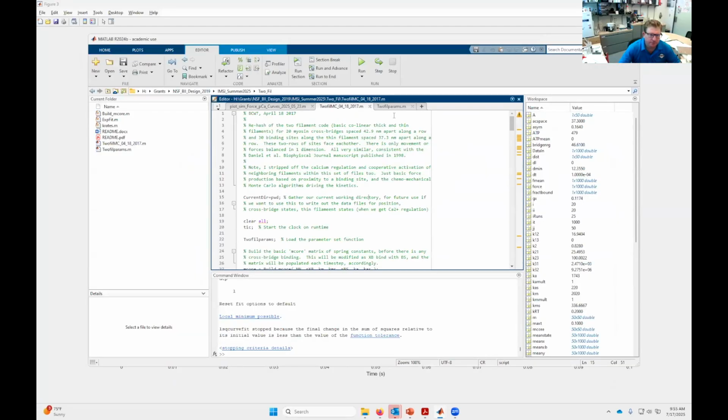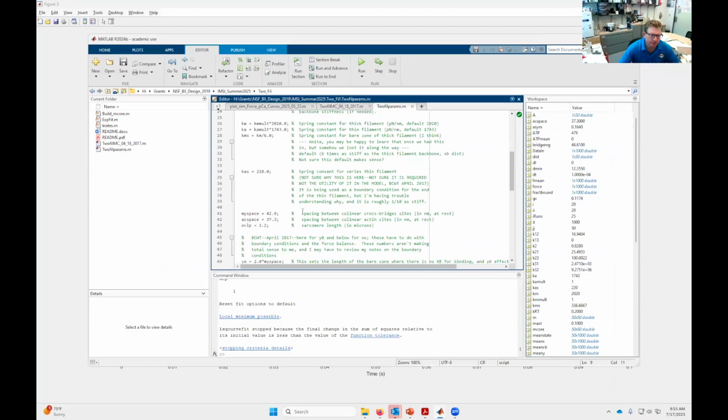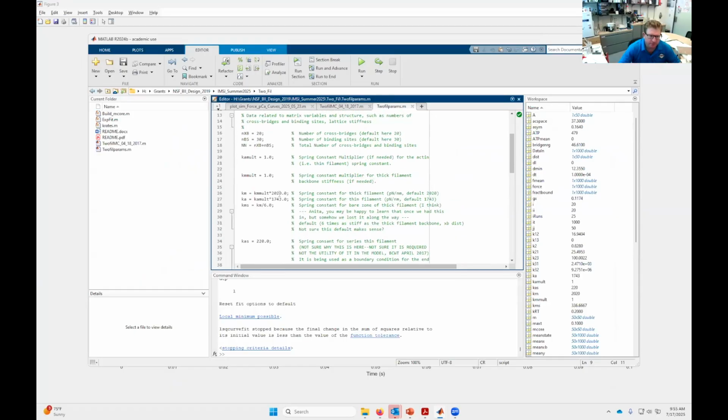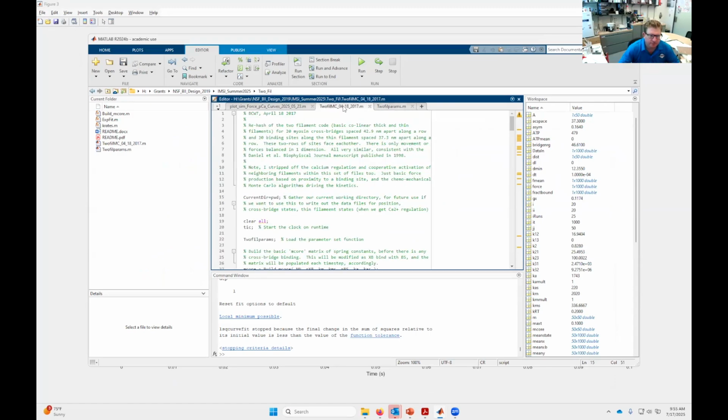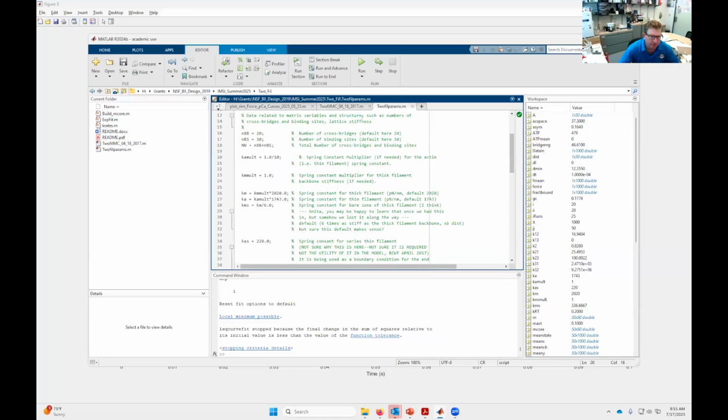If we were to say we wanted to see what would go on with making the spring constant of the thin filament a tenth as stiff, what might happen there?